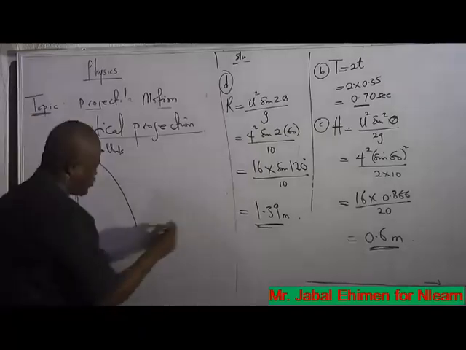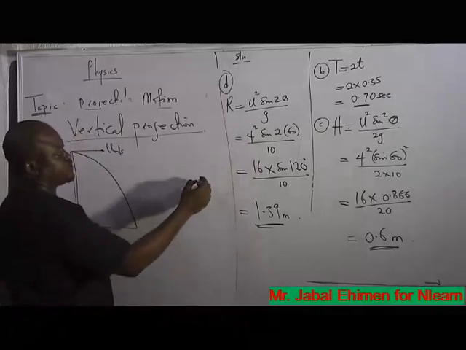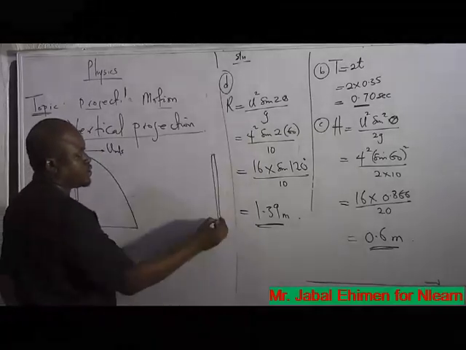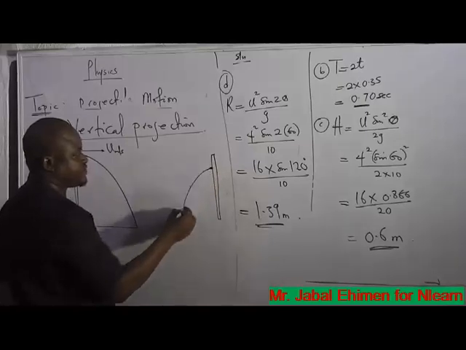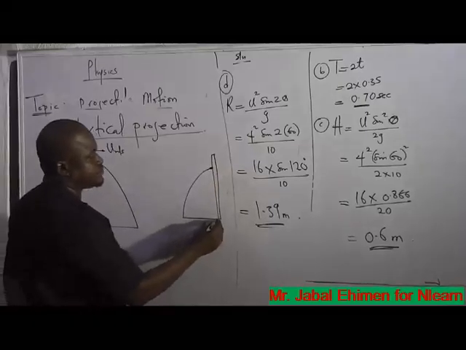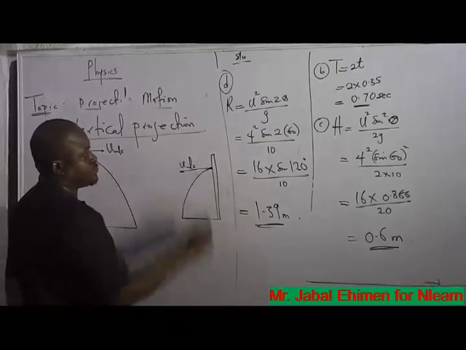It's still applicable if, maybe, this is a wall and I throw a tennis ball, it hits this place and bounces back. It's still the same thing, but it bounces back with an initial velocity u meter per second.